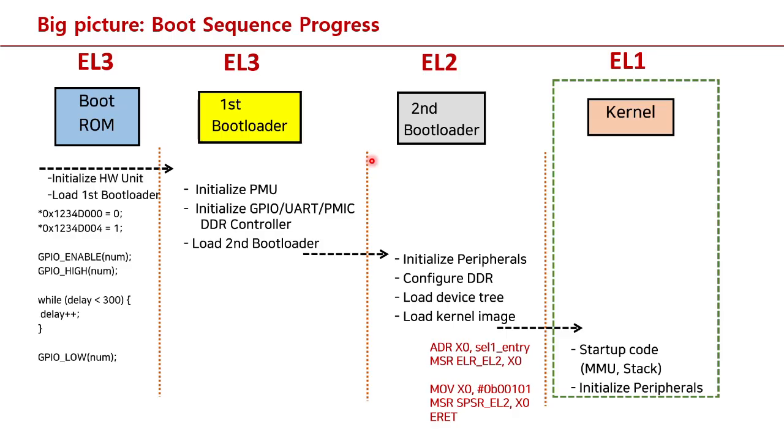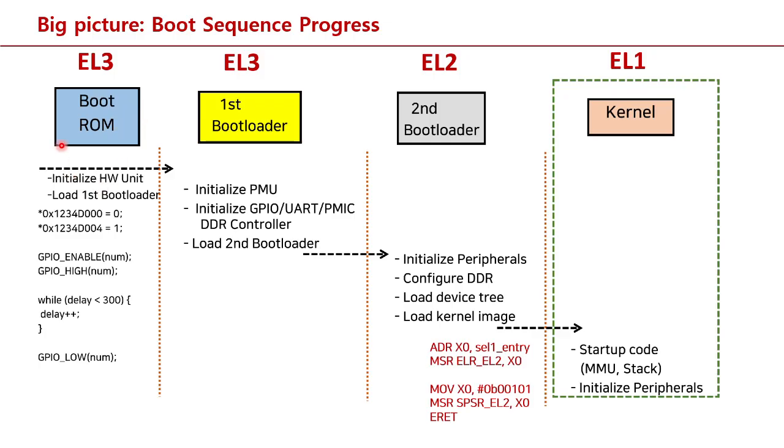Now here, let's take a look at the boot sequence diagram. The boot sequence typically contains 3 or 4 basic components: boot ROM, the first programmable bootloader, the second programmable bootloader, and Linux kernel. Those 4 components are the primary initial software components when you give the power to the system.